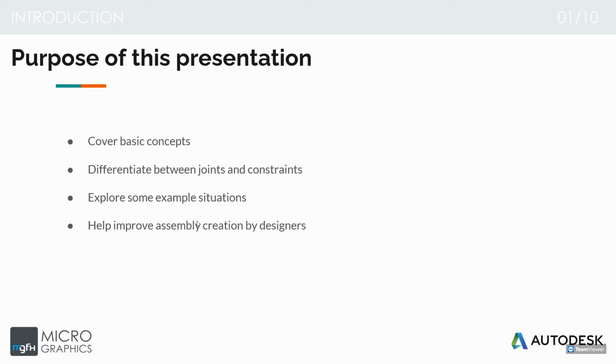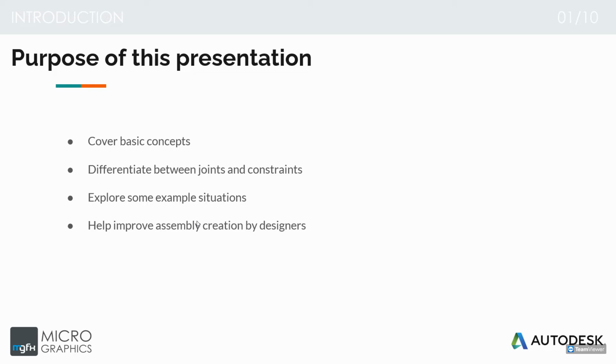Okay, enough about me. Let's discuss the purpose of this presentation. We want to cover these basic concepts of joining and constraining your assemblies. We want to differentiate between joints and constraints, right? And we want to explore some example situations. I have a lot of templates here so you can see exactly what they do in a specific situation. Sometimes you may read about this in the Inventor manual or the help, but it's not very clear what they do without a visual example, okay?